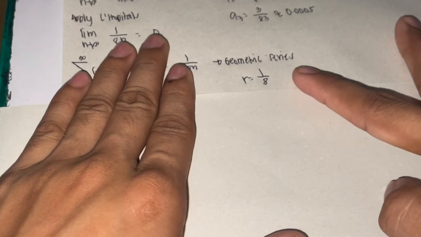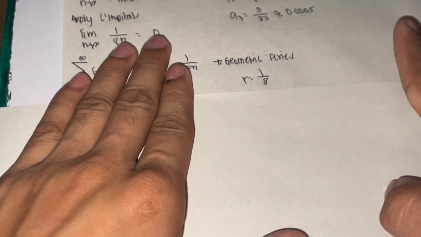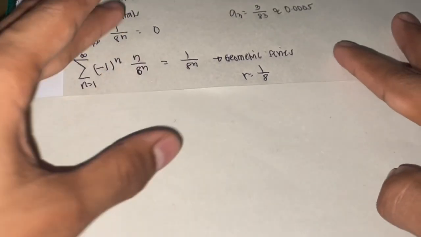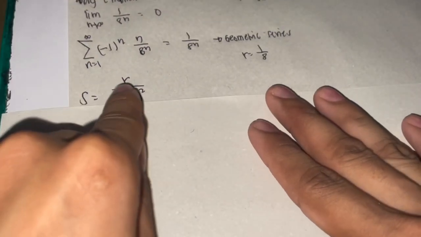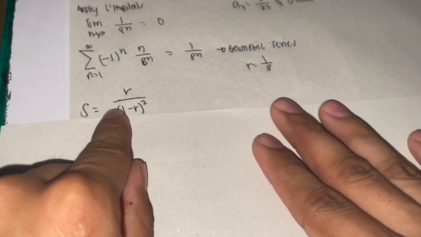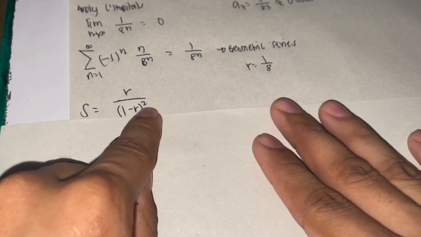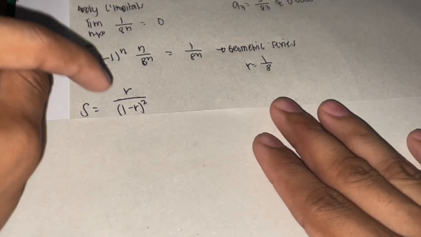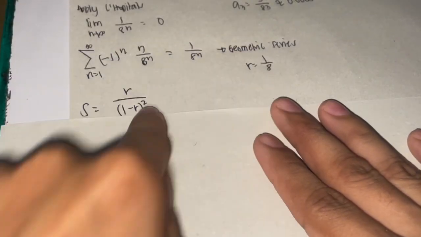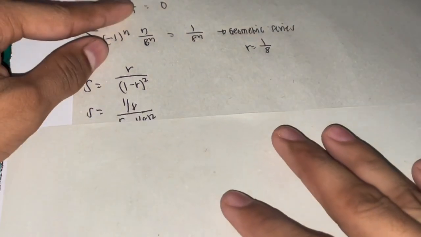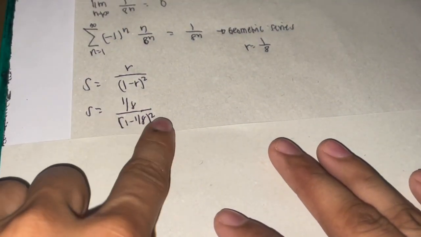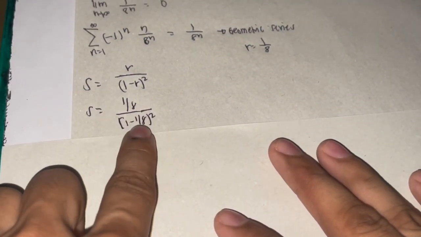In a geometric series, we have the formula to get the sum, which is r over 1 minus r raised to the power of 2. And we can substitute r with 1/8, the common ratio. So we have 1/8 over 1 minus 1/8 raised to 2.